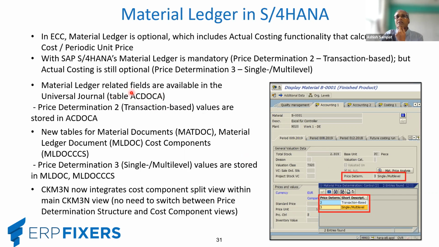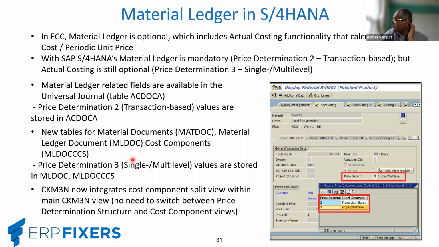But now this is important that AC Docket has all transactions related to price determination 2, transaction based, that's built in, readily available. But the actual costing piece is all available in the ML Doc or ML Doc CCS. Those are the new tables that are introduced. And why did SAP do that? Let's think about it.